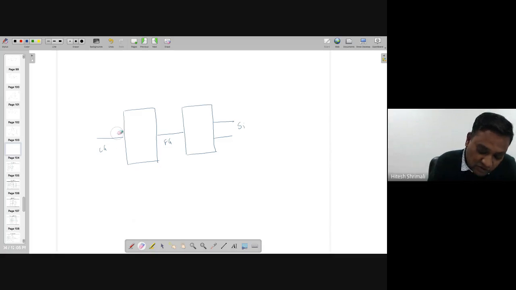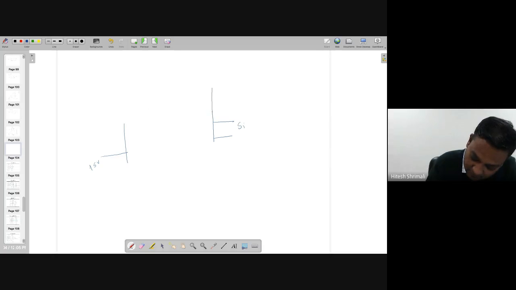So when you apply a gate voltage of 15 volt, the application of 15 volt will take this one down, and of course this will also go down. When you are doing this, something like this will happen.